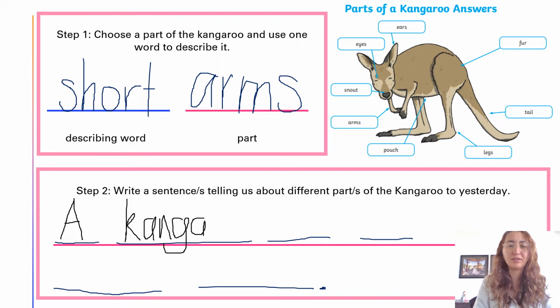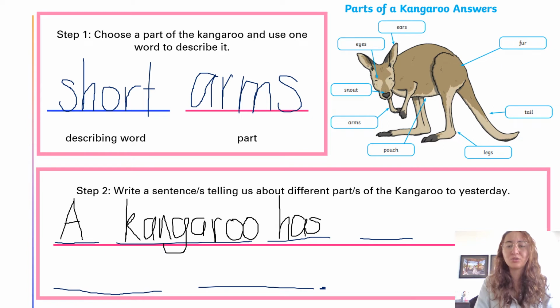A kangaroo has. See how I'm rereading it? That's very important. Keep reading your sentence out loud until you've got the words on the page.